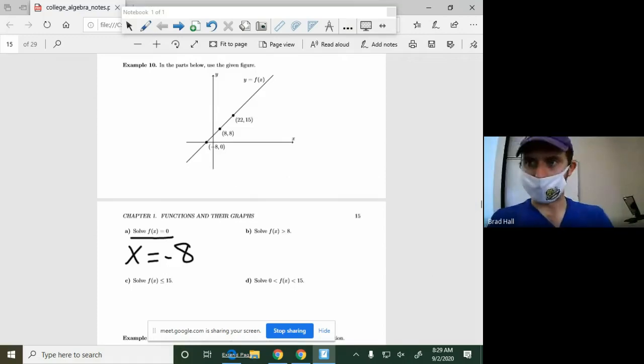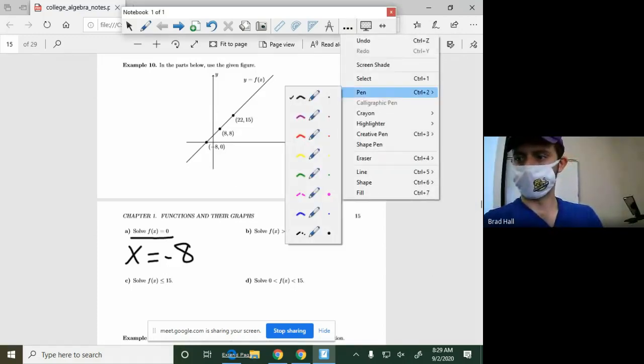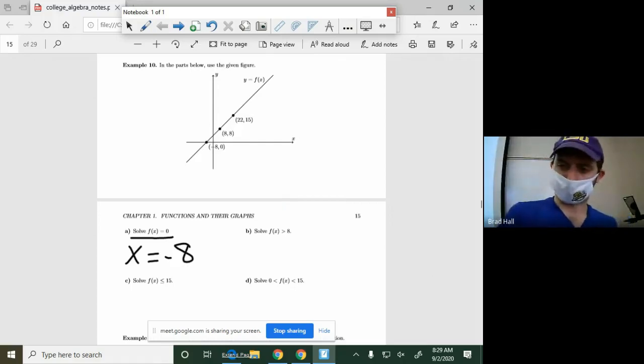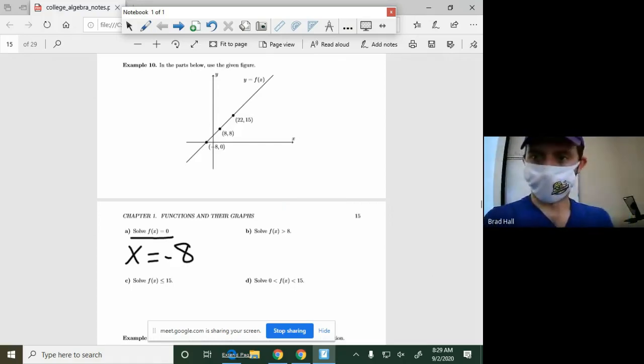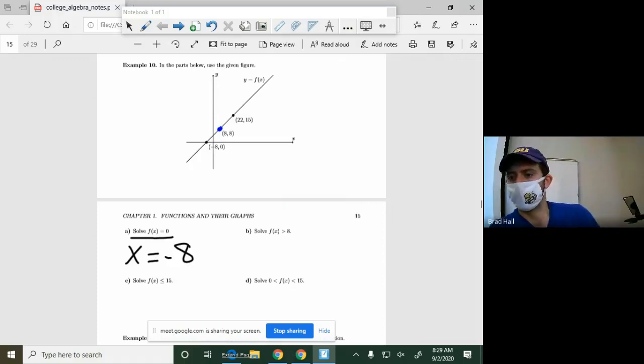So part B may be a little bit more engaged, because part B wants us to figure out when the function is greater than 8. All right, that's kind of an interesting way to ask it. So when is the function equal to 8? Seems to be right there. And so when is this line greater than 8?